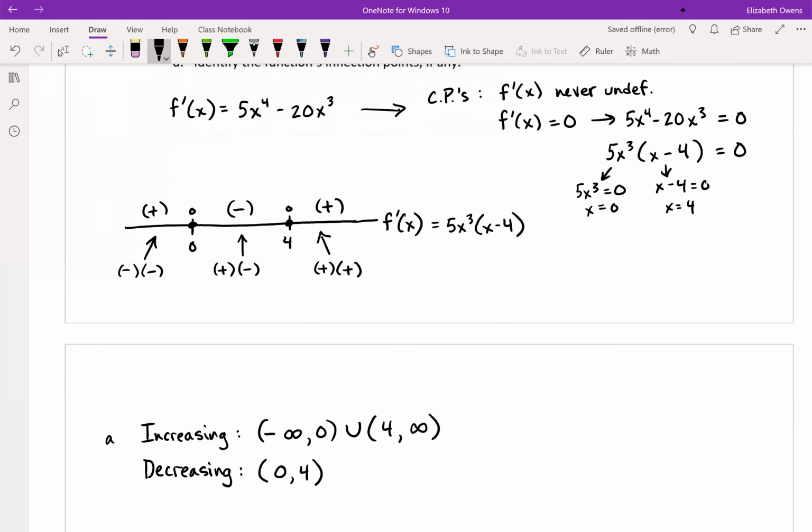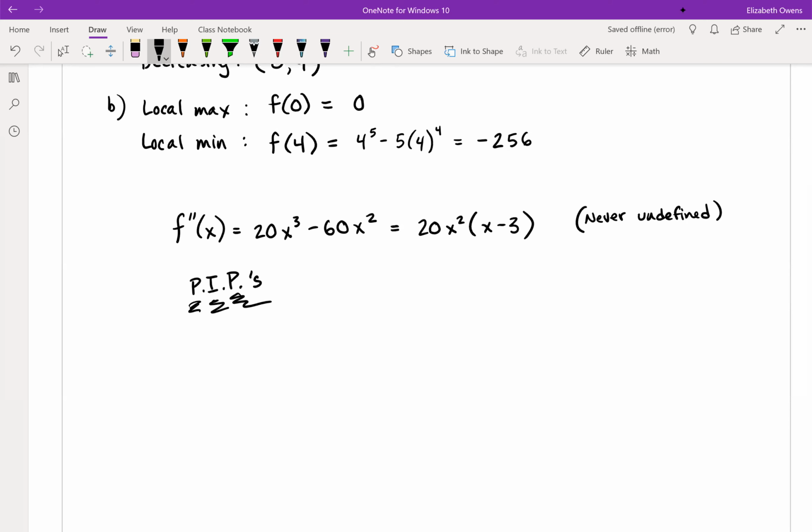We just need to see where it equals 0. And I'm going to put PIPs for that, because these are the potential inflection points of the function, where f double prime of x equals 0. All right, 20x squared times x minus 3 equals 0.